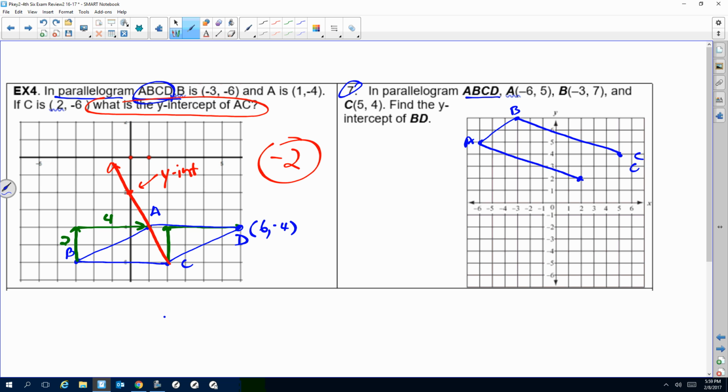So right here is our D. Is that 2, 2? They want us to find the y-intercept of BD. I'm not going to do that; you're going to do that. If you want to know for sure, you can check in the morning. All right, try to finish this one just like you did the example before.